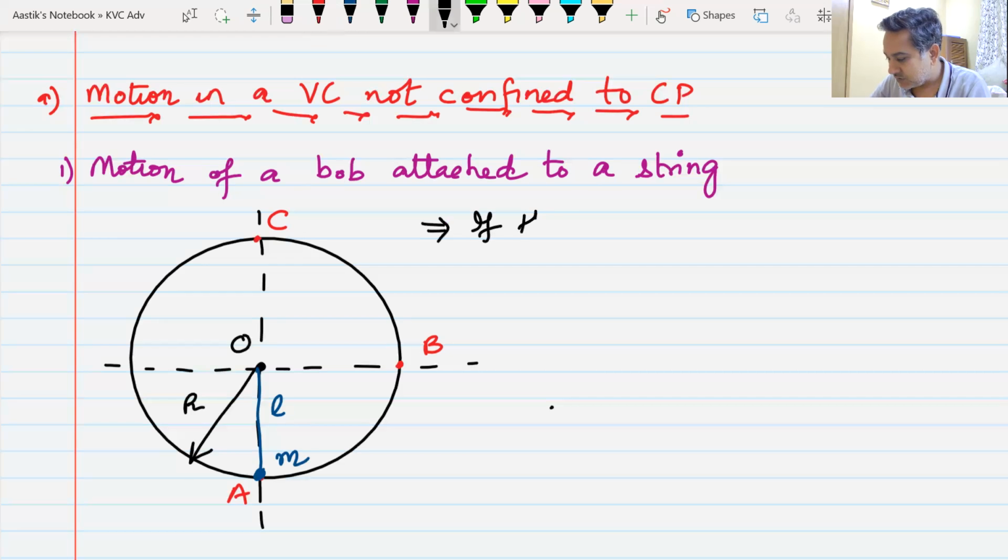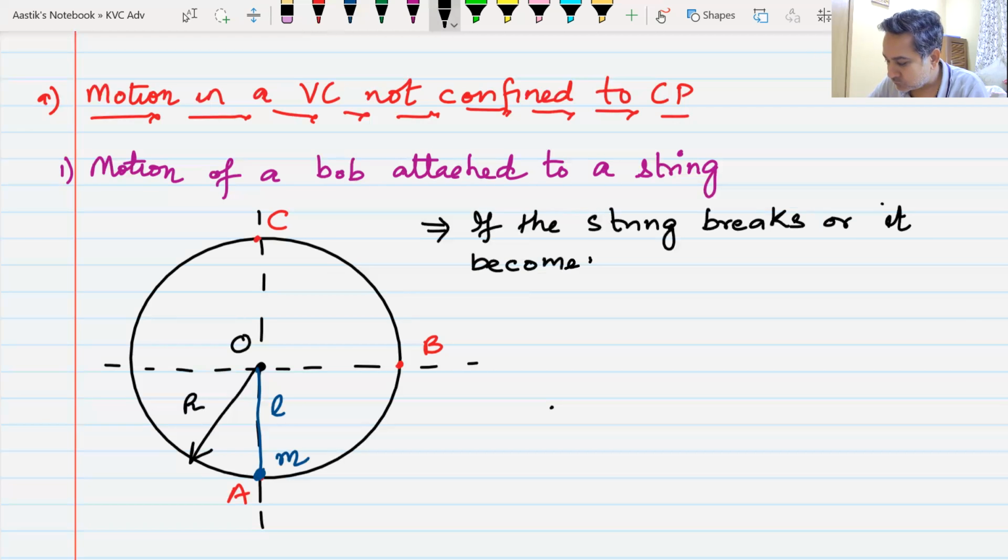If the string breaks, that is a different case, or it becomes loose, slack, and the tension T becomes zero.